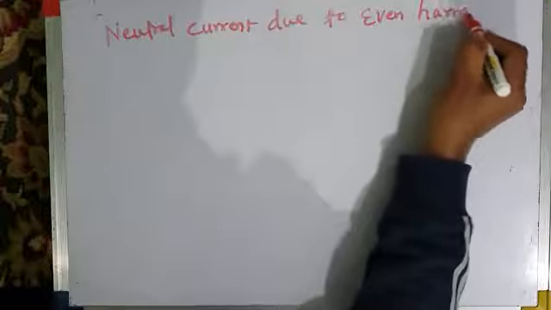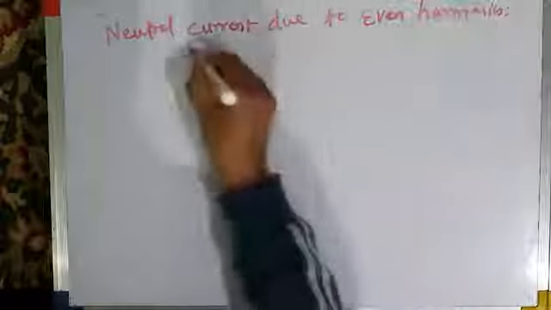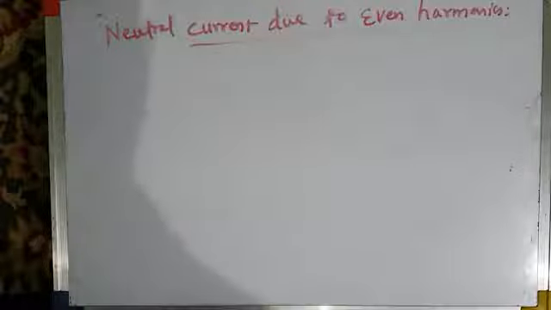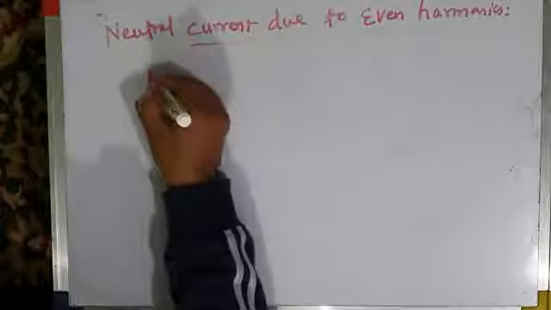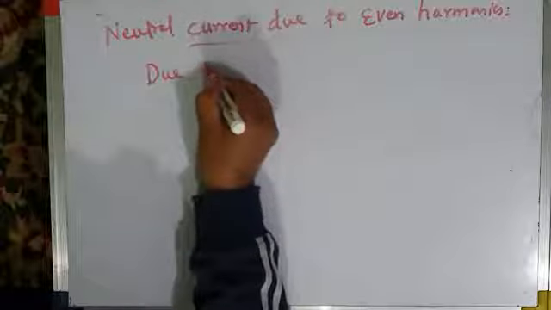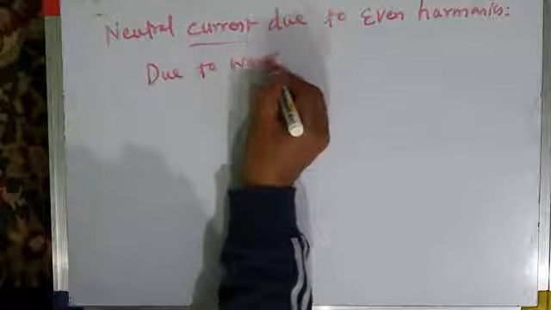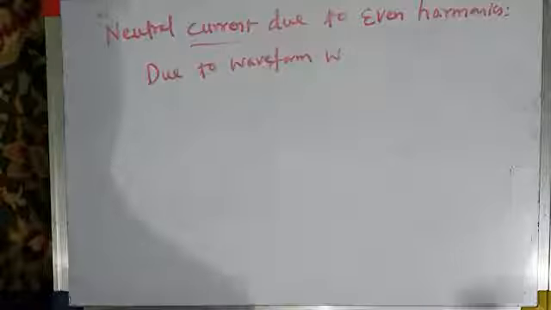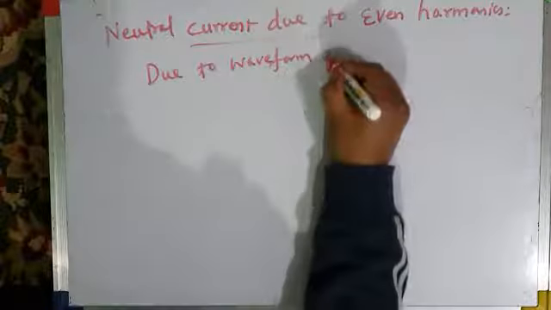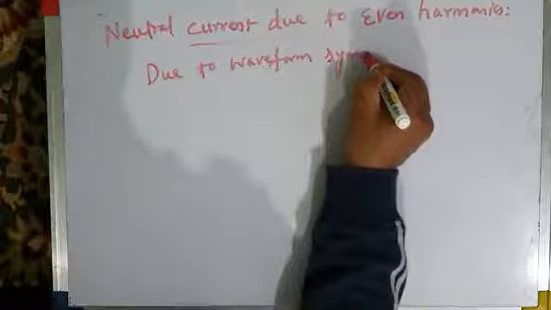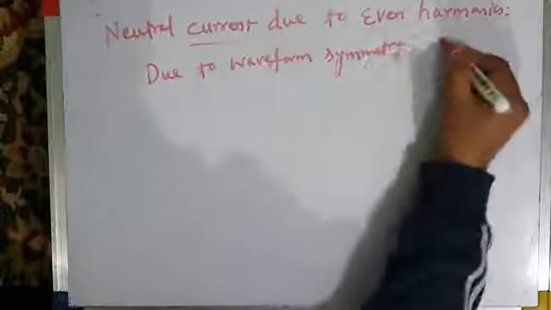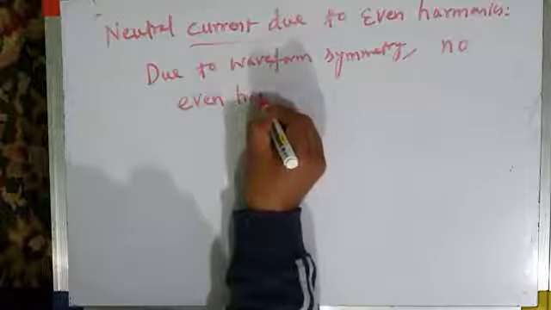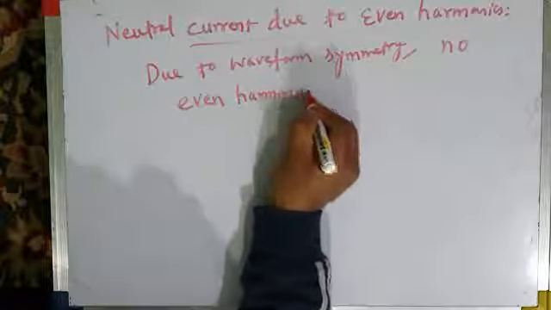Let me tell you for your information, since our three-phase line currents and voltages are symmetrical, there is waveform symmetry. We can write that due to waveform symmetry, whenever there is waveform symmetry, there are no even harmonics. No even harmonics exist.